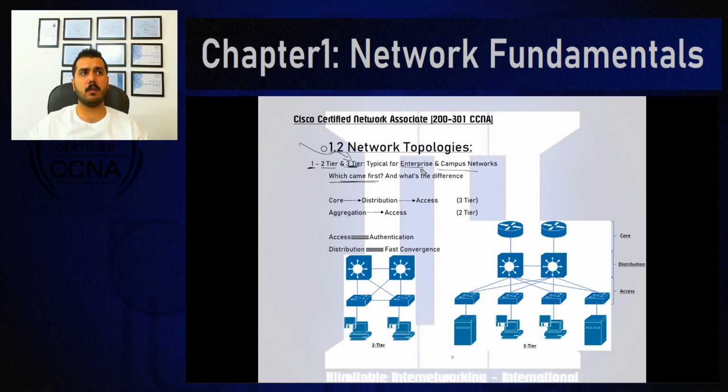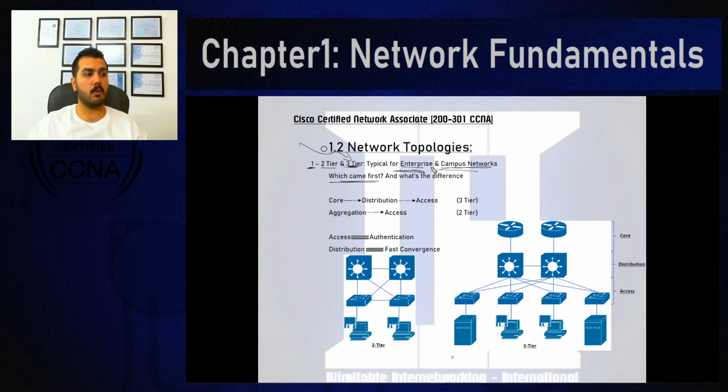Enterprise is a term for a small company. If you have a small company, like we say from 20 to 500 employees, this is called an enterprise company. Campus networks are even smaller than mid companies, like small to medium size companies.